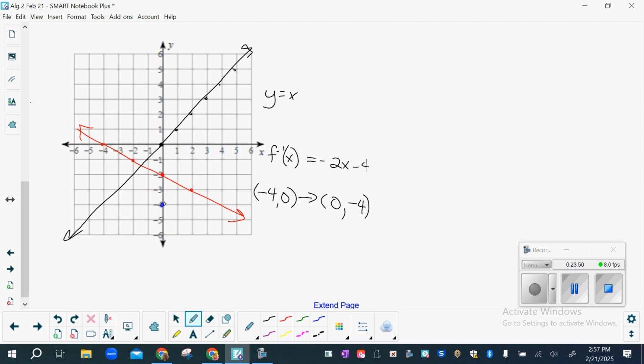Let me pick another point on the line: 2, -3. What's my inverse point? Yes, -3, 2. So you're just switching them. So now we have enough information to draw our line.